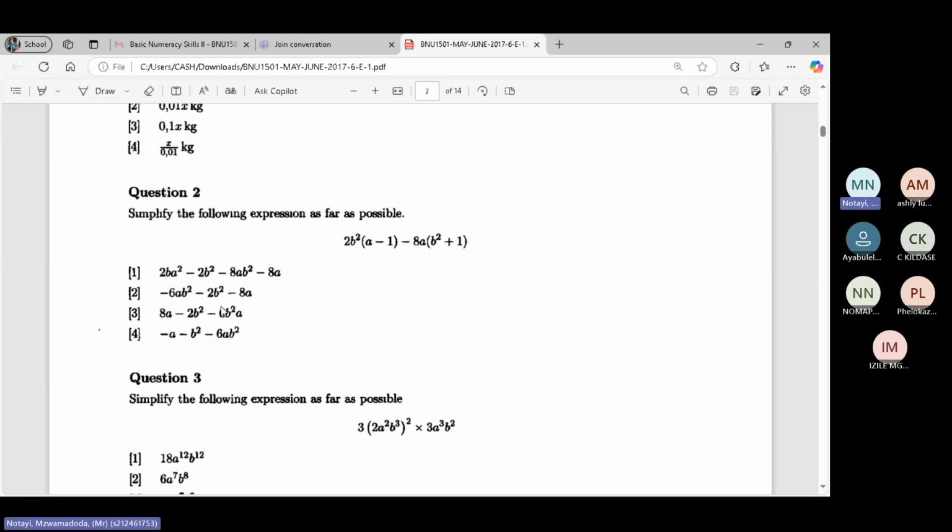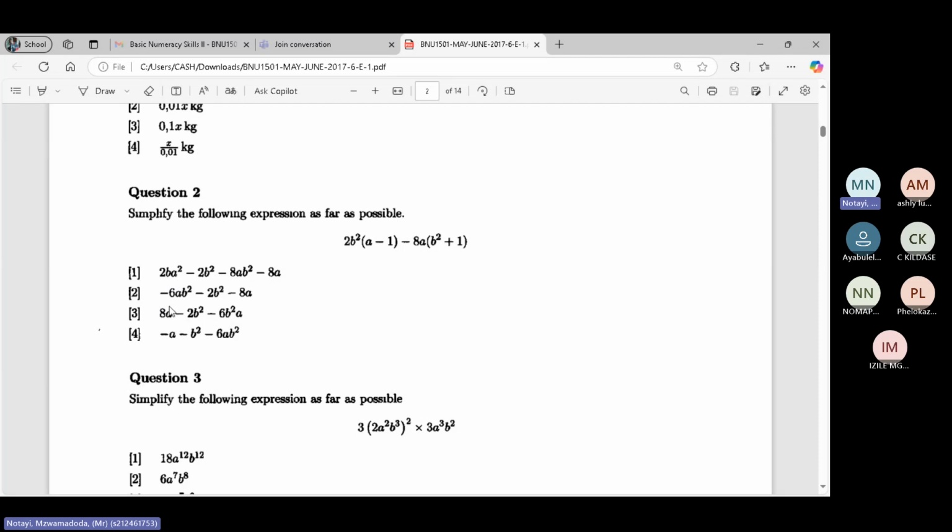So let's look at the options. We have a negative 6ab squared, so that is the second option. The first one is out because there's nothing that has a 6ab squared.